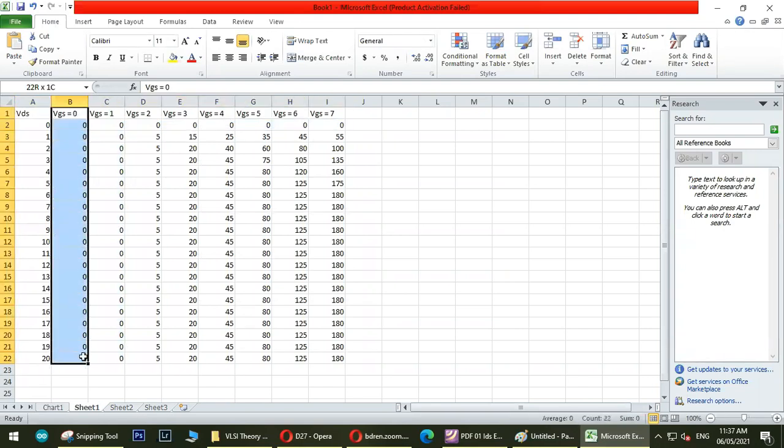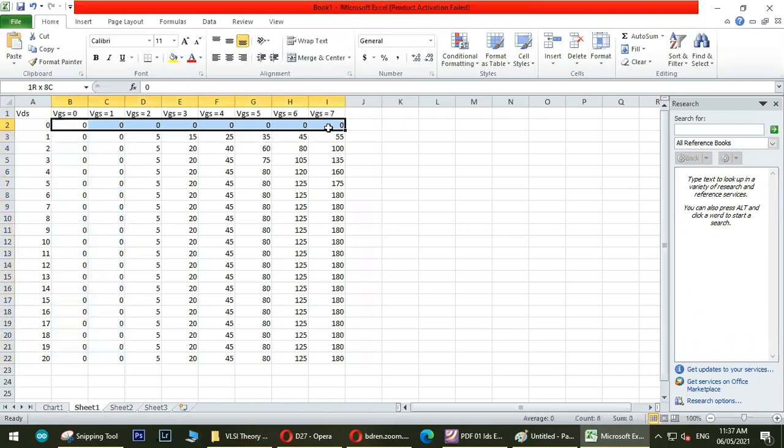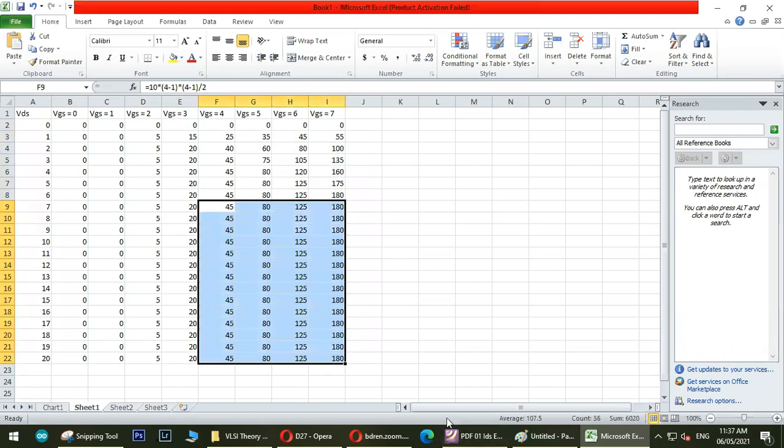When your VGS is less than or equal to your VT, the current will be 0, right? This is the cutoff equation. Then at the beginning, we have used the linear region equation, and at the bottom of the segment, we have used the saturation region. Got my point?